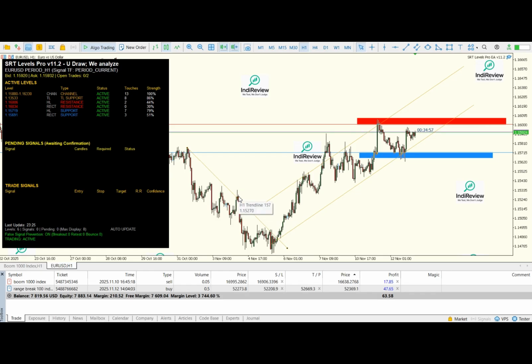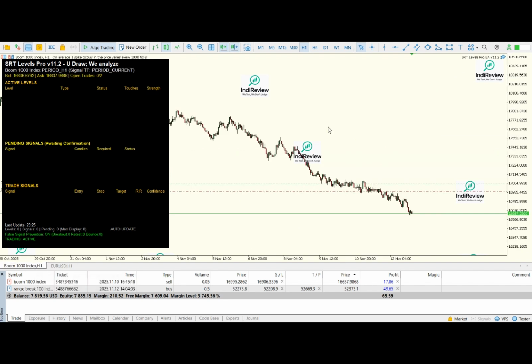Because it's below the market, it's showing it as support, right? But if the market was somewhere above it, it would show as resistance. Let's see if we can find one somewhere here. Let's draw a trend line from this line to here.